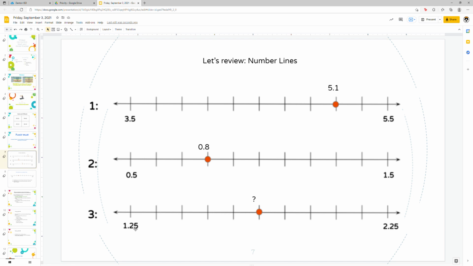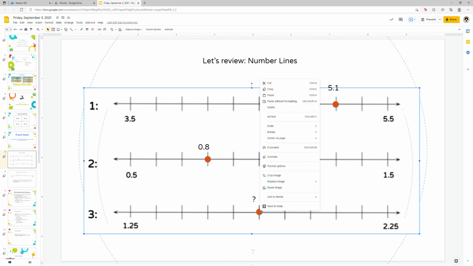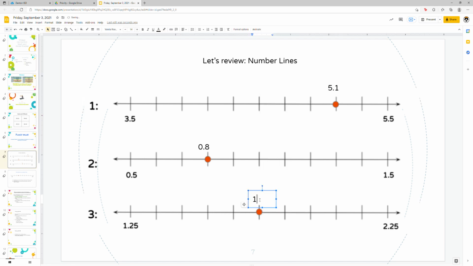So 1 and 25 hundredths, 1 and 35 hundredths, 1 and 45 hundredths, 1 and 55 hundredths, 1 and 65 hundredths, 1 and 75 hundredths. If I keep going, my next step would be 1 and 85 hundredths, 1 and 95 hundredths, 2 and 5 hundredths, 2 and 15 hundredths, 2 and 25 hundredths. So I completed that number line, all those steps. I know that I have the correct amount.